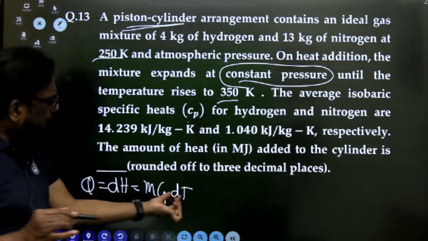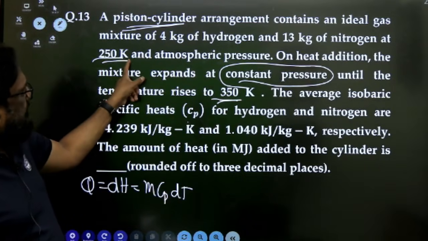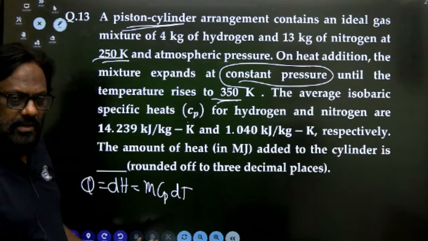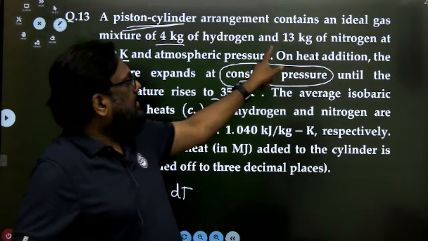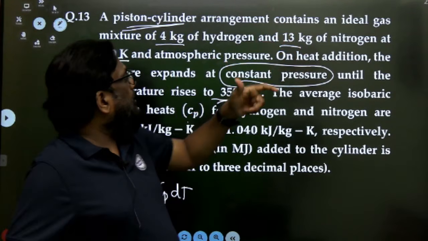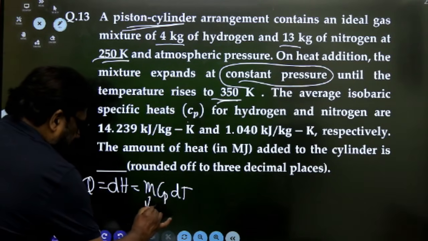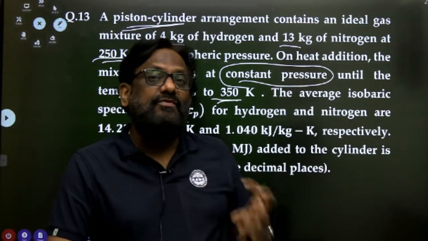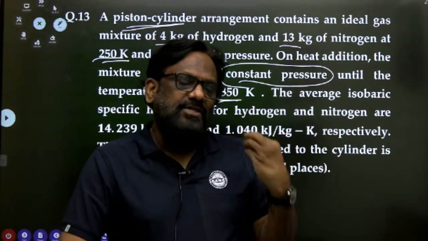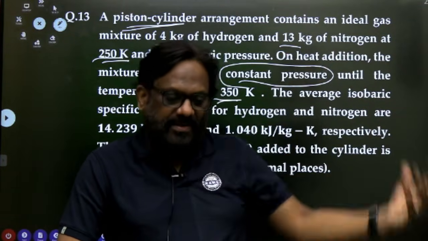There is no problem with temperature difference because the final temperature is 350 and the initial temperature is 250, so it is known. And the total mass is 4 kg of hydrogen plus 13 kg of nitrogen, which is 17. The only problem is Cp, because Cp is not individually of hydrogen or nitrogen, it is the Cp of the complete mixture.